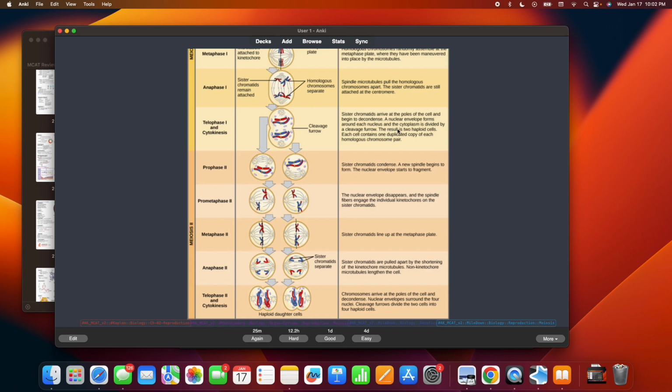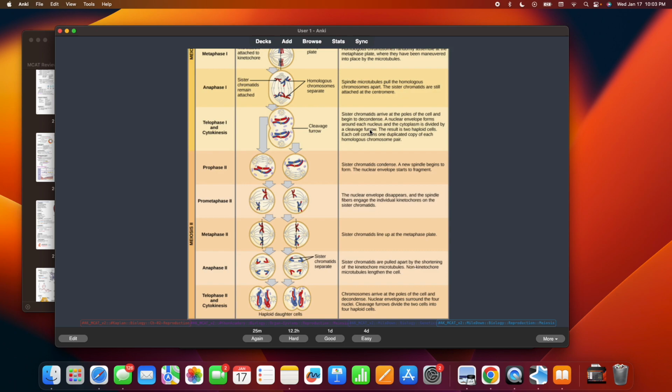A nuclear envelope forms. So we still have the formation of the nuclear envelope during cytokinesis in telophase 1. A nuclear envelope forms around each nucleus, and the cytoplasm is divided by a cleavage furrow. Whatever cleavage furrow, this is what the cleavage furrow is.